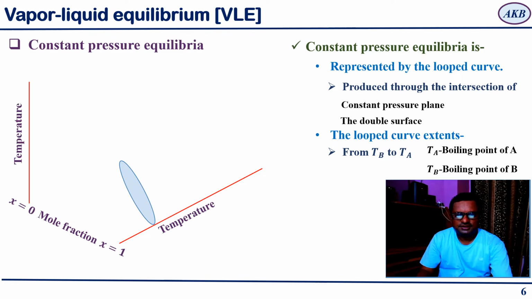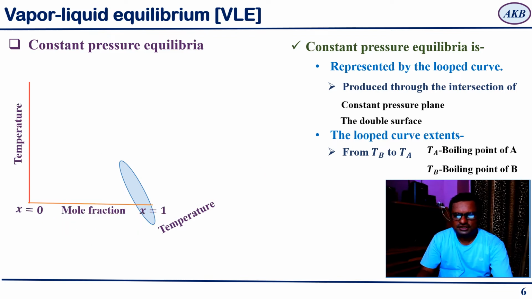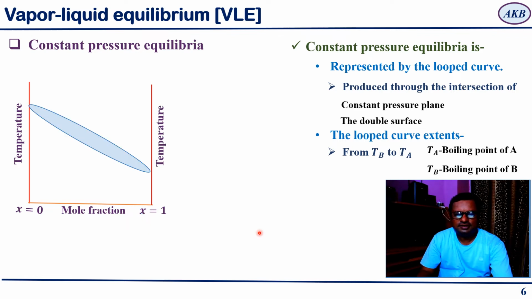So this is the temperature axis, this is the composition axis, again this is the temperature axis, and the loop curve will be looking like this. Now you see a loop curve on a two-dimensional plot where there are only two variables, temperature and composition, and this loop curve is extending from the boiling point of pure B to the boiling point of pure A.